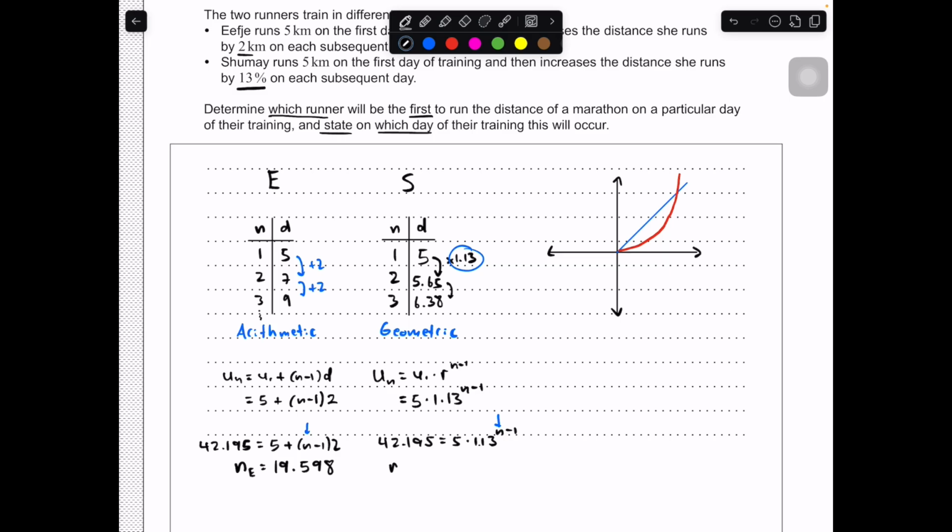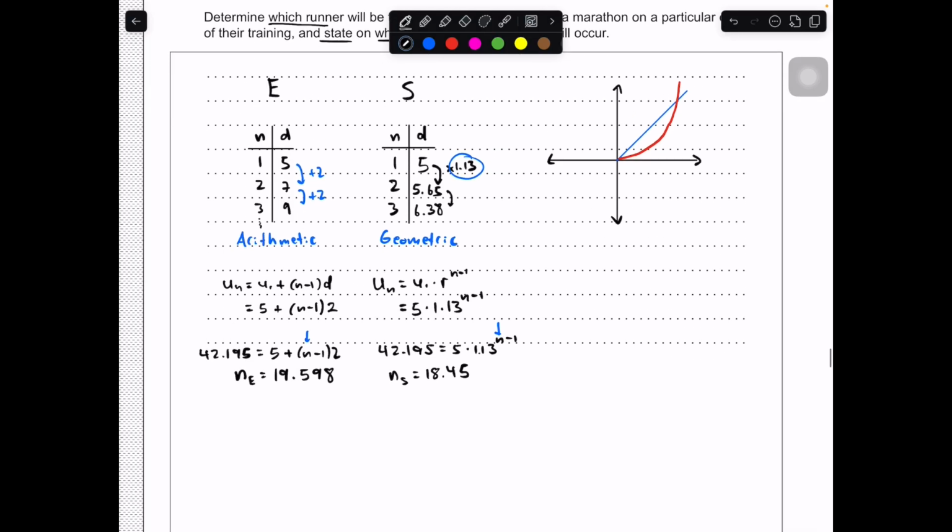And the number of days it will take Shumei will be 18.45 days. So which runner will be the first to run the distance of a marathon, and on what day? Well, it actually won't be until the 19th day for Shumei, because she got close on the 18th day.